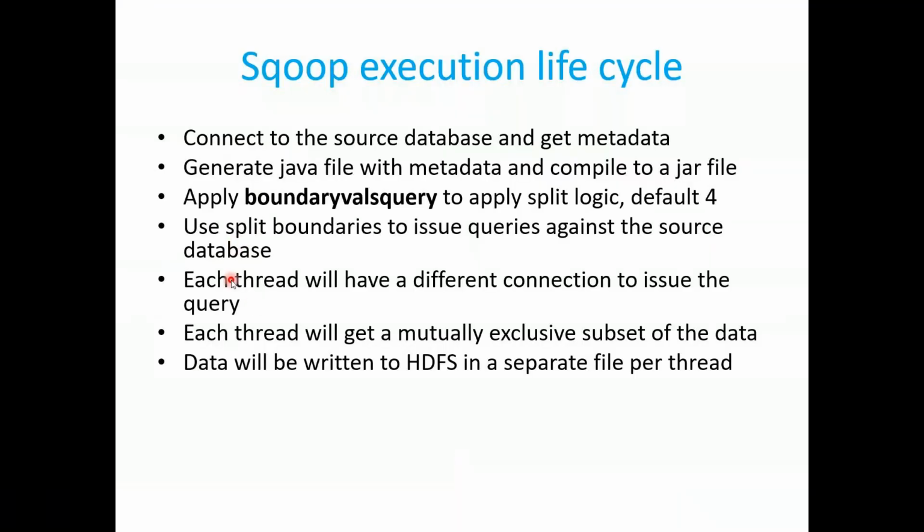And then each thread or each mapper will make a different JDBC connection, database connection, to issue the query. Then each thread or each mapper will get a mutually exclusive subset of the data. So what is the meaning of mutually exclusive subset?